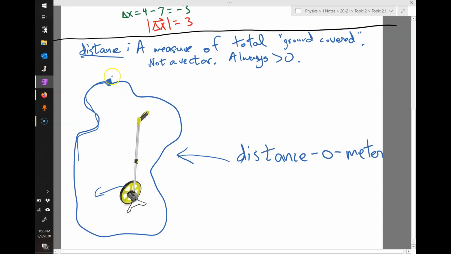However, since the start and the stop are the same point, what would the displacement be here? Yes, you guessed it. If the start and the stop is the same spot, then the displacement would be 0, but the distance would be some number greater than 0 depending on how far you went. So that's a big difference between distance and displacement.